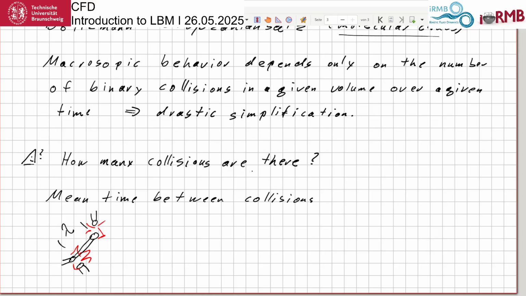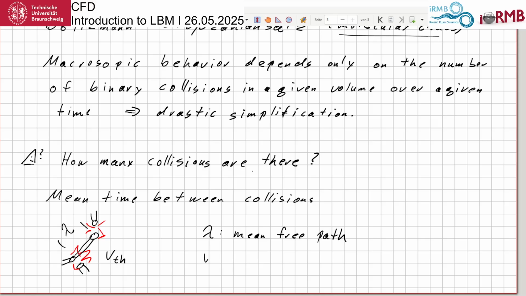So because the particle has a certain velocity, and this velocity is termed the VTH for thermal velocity. So this lambda is the mean free path. So you see everything is statistical here.